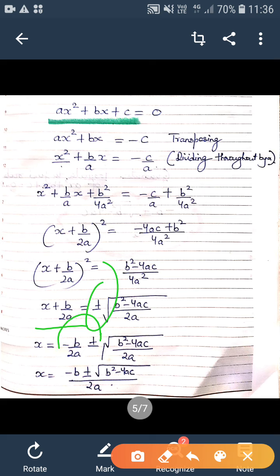By transposing this term, we have minus b upon 2a plus minus under the root b square minus 4ac upon 2a, and x equals minus b plus minus under the root b square minus 4ac upon 2a. So this is our very important quadratic formula, the master formula to solve quadratic equations of all types, where a, b, c are real numbers, a is not equal to 0.